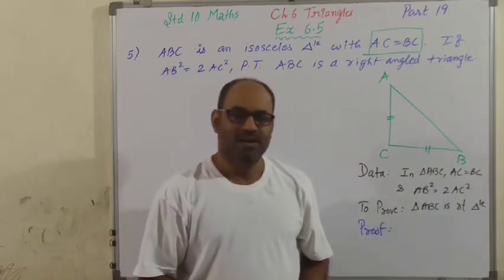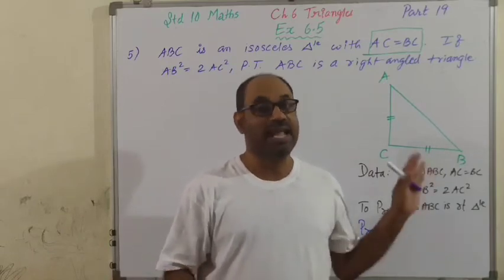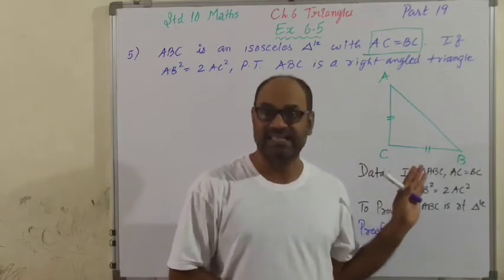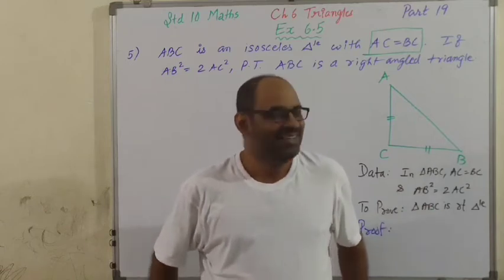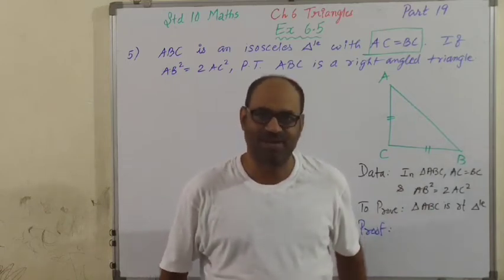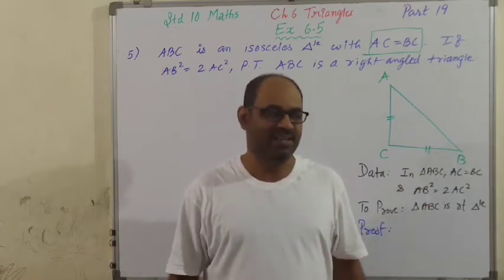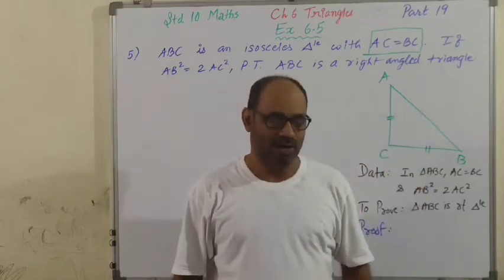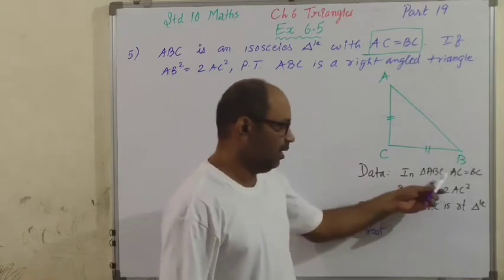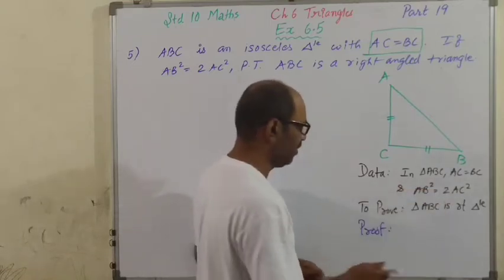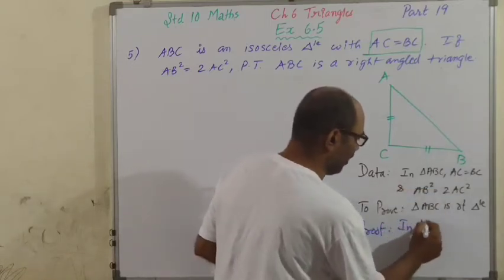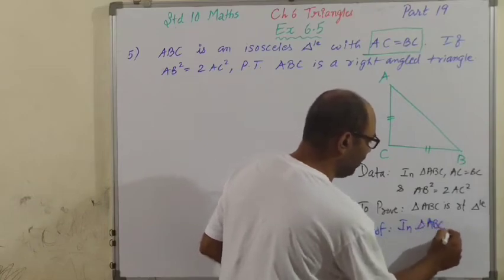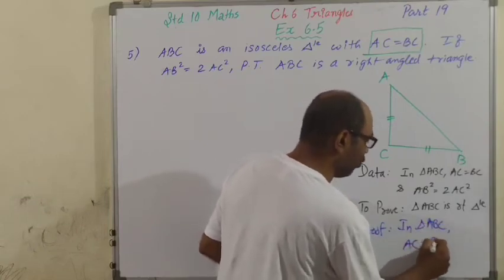Children, no sum can be as easy as this in this chapter. It's very easy. But still, you have to think. In triangle ABC, AC equal to BC.